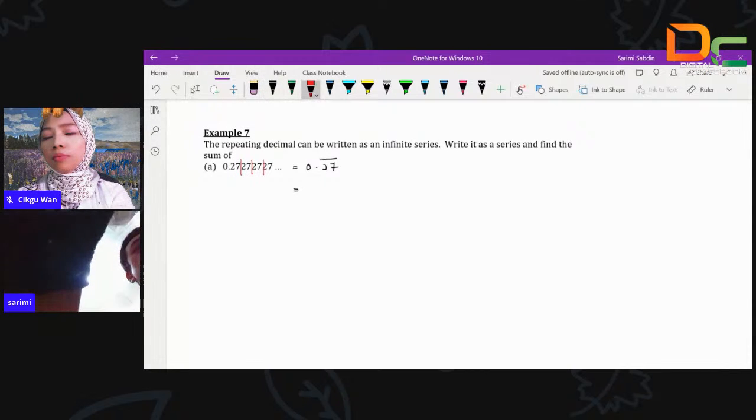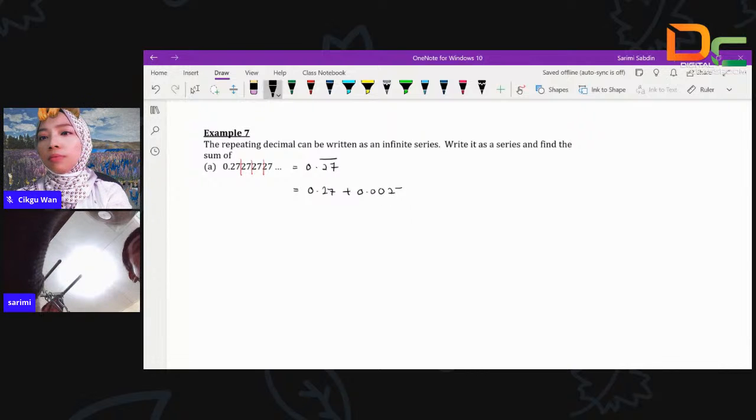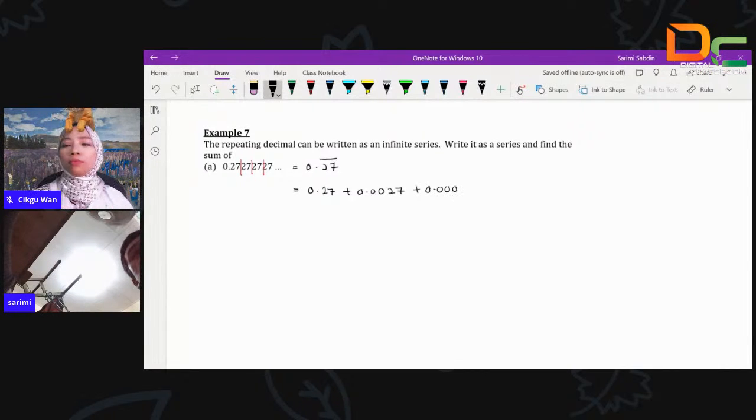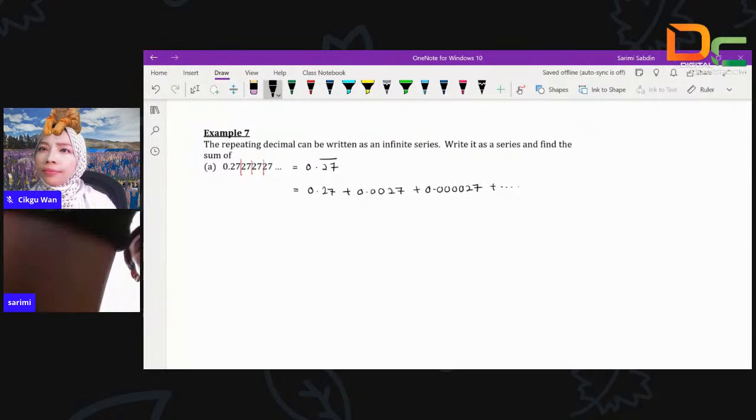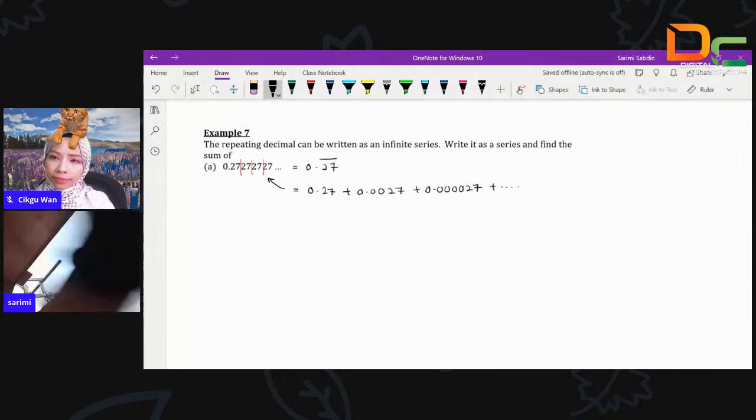Dia akan jadi hasil tambah the sum of 0.27 plus 0.0027 plus 0.000027 and so on lah. Okay, where if we take the sum of this value, we are going to get back this recurring decimal.